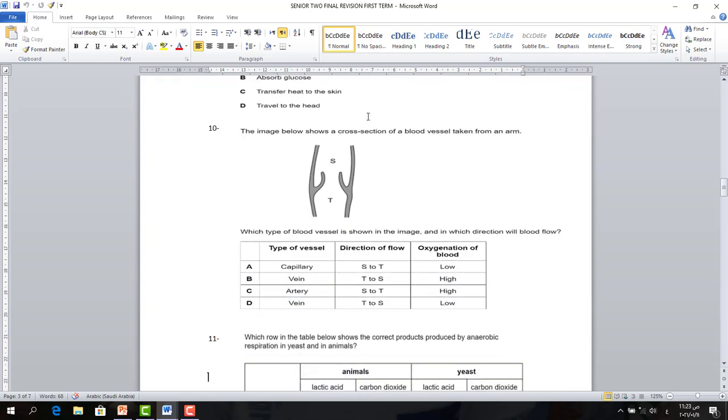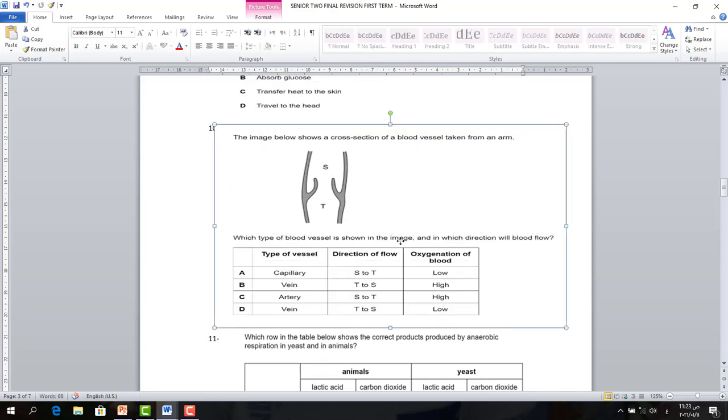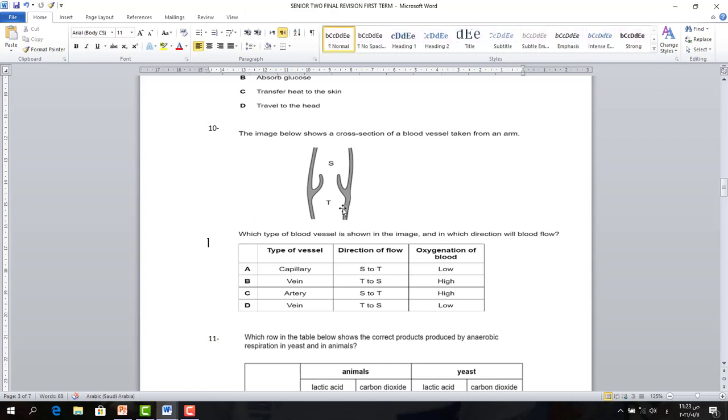The image below shows a cross section of a blood vessel taken from an arm. Which type of blood vessel is shown in the image? It contains valves, so it is a vein.